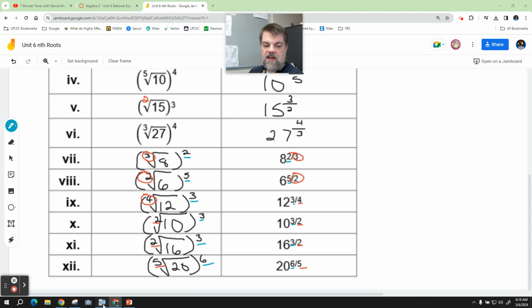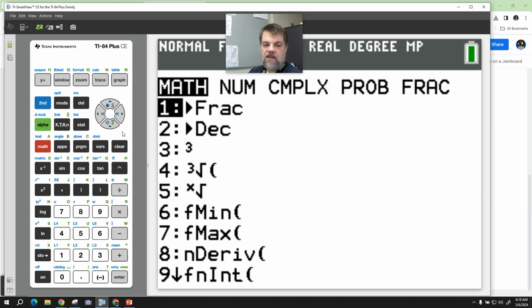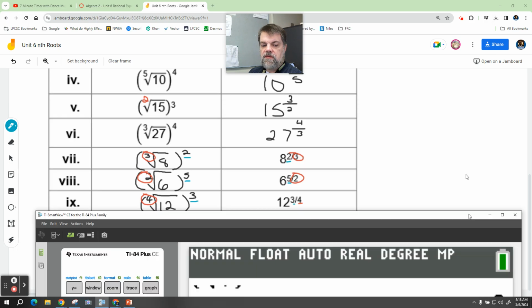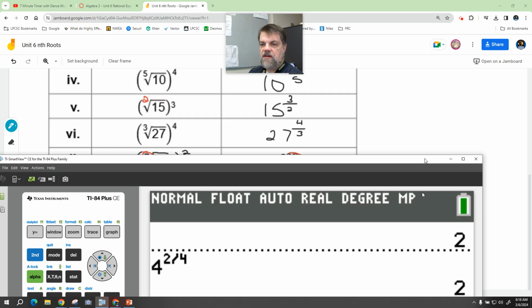I'm just going to do this last one. So if I say, hit the math button, option number 5. Let me see what that was. 5th root of 20 raised to the, was it 6?